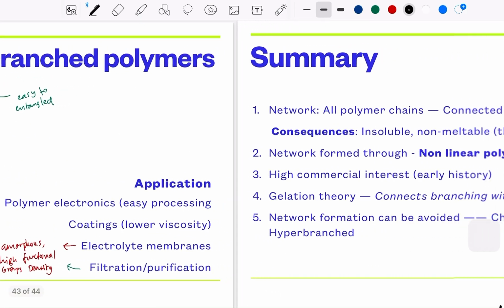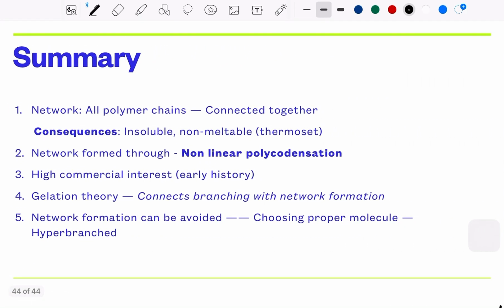And then lastly, these slides are the summary for the whole thing, for the nonlinear polymerizations. So first is the network for the polymers, or for the nonlinear. What the network means is all the chains are going to connect all together.